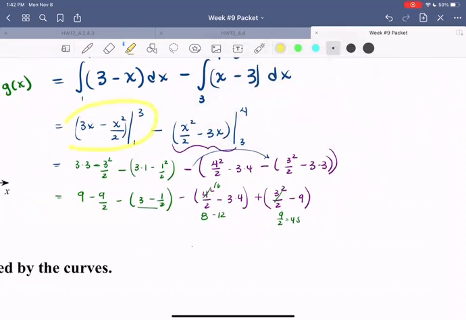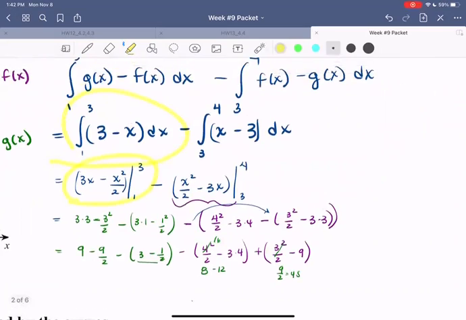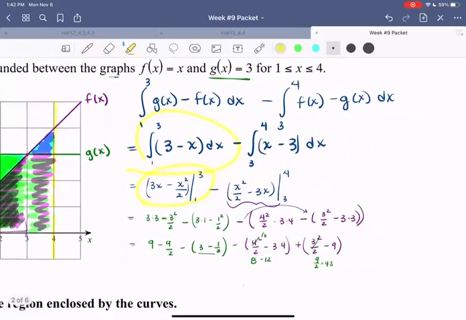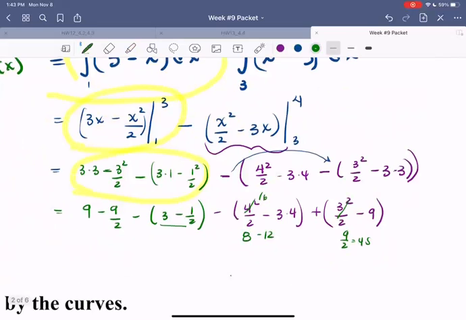So I'm first going to look at this integral here. Now the integral here is from 1 to 3, g minus f. So I should just be getting 2 because we're just looking at that triangle there. So if we follow our work down, looks good here, evaluating 3, evaluating 1. So we do this computation, I get 9 minus 9 over 2.